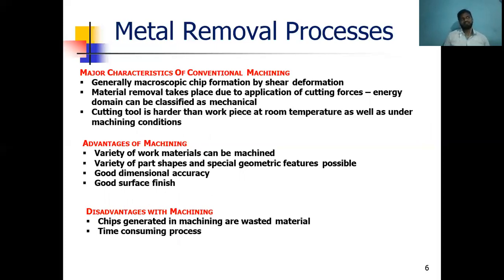finally we get the advantages and disadvantages of material removal processes. The advantages of machining: a variety of work materials can be machined, a variety of parts, part shapes, and specific geometric features are possible, good dimensional accuracy, and good surface finish. These are the advantages of machining.